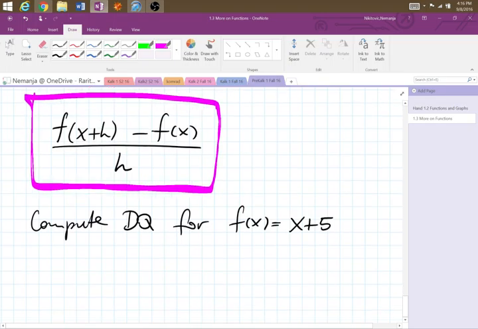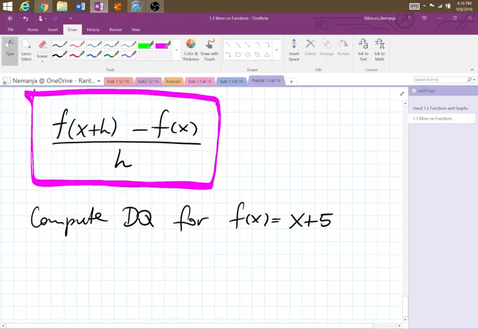Okay. So you are looking at your f of x, and you can recognize that the formula has vanilla f of x, right? That's the minus f of x piece. So that will be a good cut and paste. But we also have f of x plus h. What do you think we should do there? Plug in x plus 5 instead of, yes.